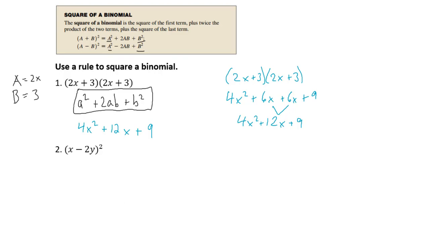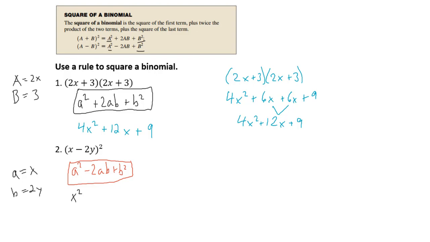All right, so let's do the other one. So this is a squared minus 2ab plus b squared. So that's the rule we need to apply. And we look at the first term, x. I'll identify my a as x and my b as 2y. And so a squared, so that's x squared.